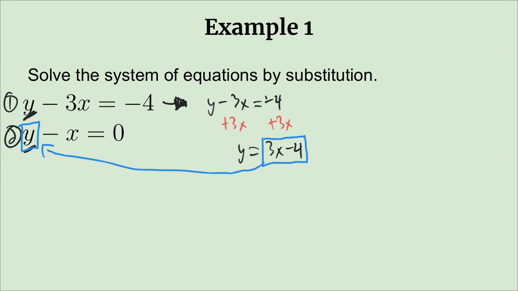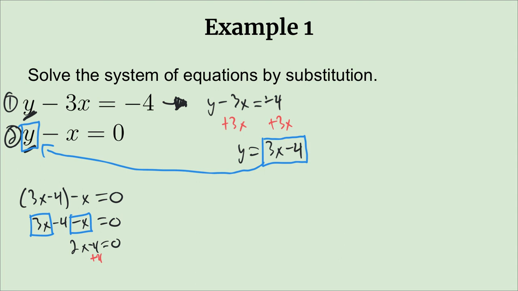We'll have, in parentheses, 3x minus 4, minus x equals 0. Since there's nothing to simplify outside the parentheses, they can just disappear. We're going to combine like terms. Our x's are on the same side of the equal sign, so we just add them together, which gets us 2x minus 4.